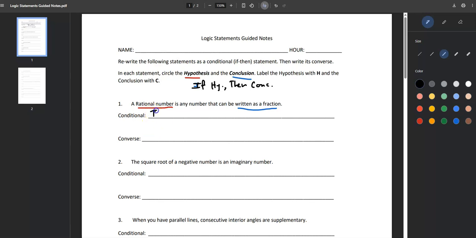So I always start my sentence with if, and then I put my hypothesis. So if a number is rational, then it can be written as a fraction.